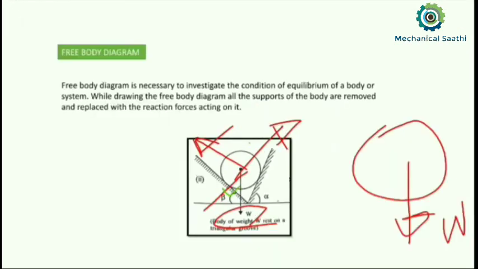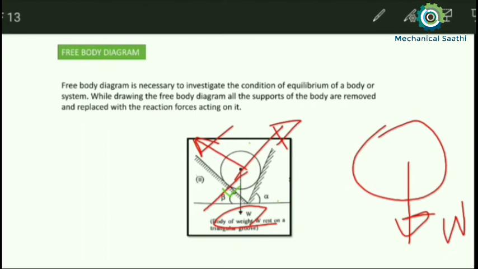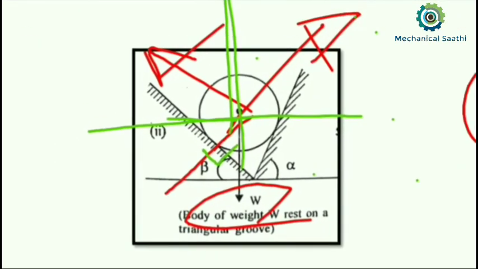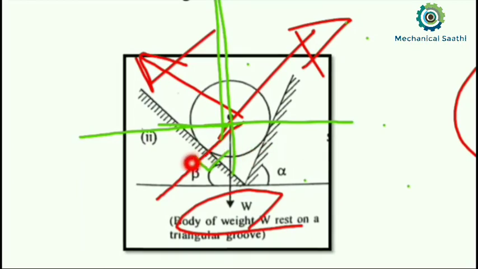Let me draw a horizontal line and a vertical axis. Now if this angle is 90 minus beta, again this angle will also be 90 minus beta, and so this angle will be equal to beta. Likewise we can calculate that this angle will be equal to alpha.